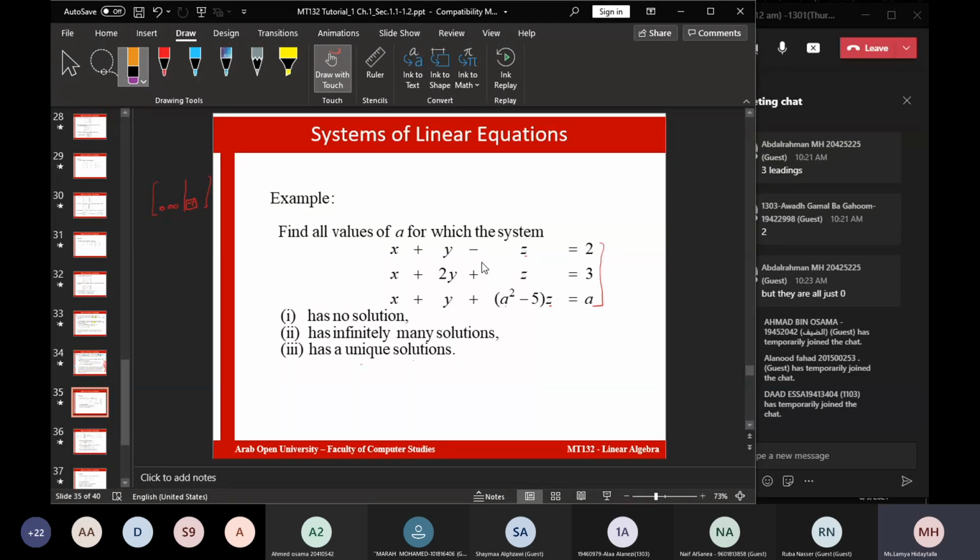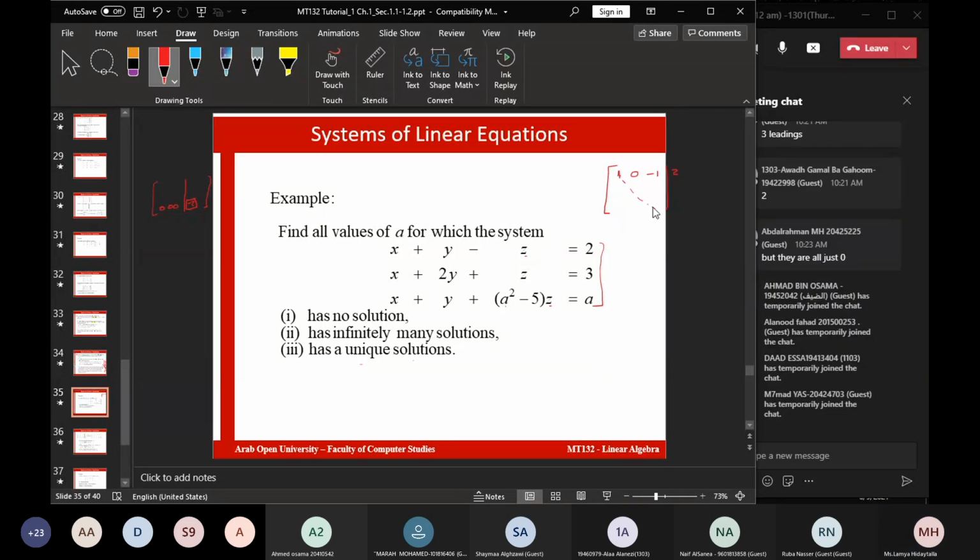For example, if it is in triangular form, I can solve it easily. Say we have a system like this: 1 0 minus 1, 2, then 2, 1, 4, then a number like 2, and 2, and the others here are zeros. This form, we call it the triangular form.